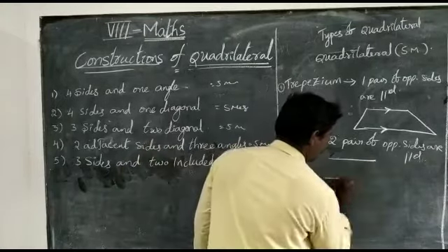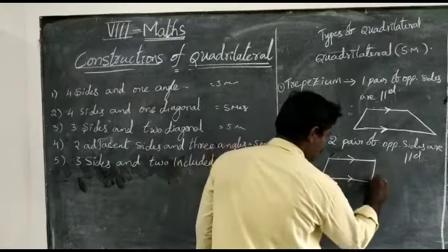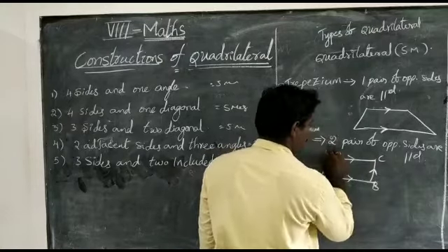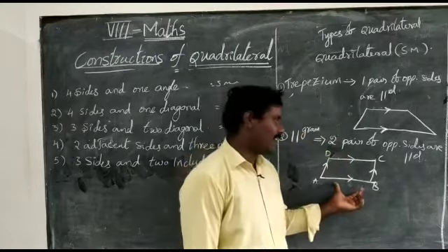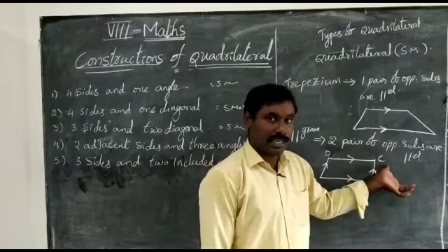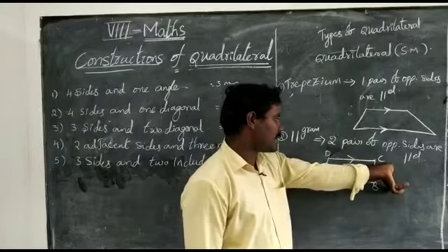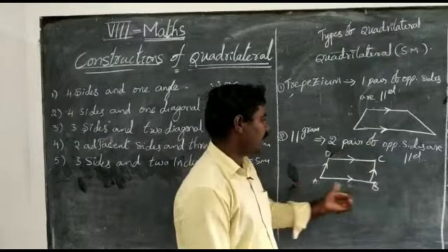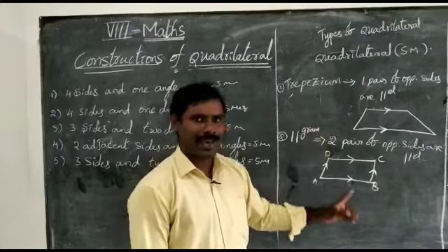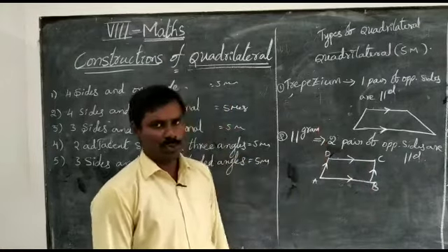That means this pair is parallel and also this. That means if you take a quadrilateral ABCD, AB is parallel to CD as well as AD is parallel to BC, and also AB is equal to CD, BC is equal to AD, then ABCD we call a parallelogram. Opposite sides are parallel and equal, then the figure name is parallelogram.